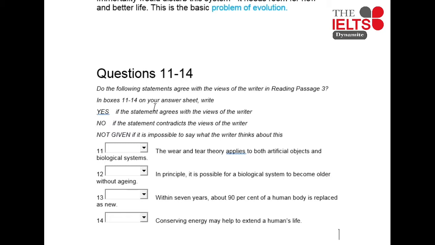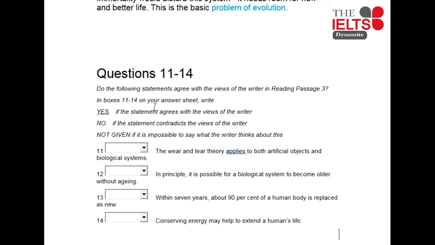Do they have the same opinion as the writer is saying, or they contradict, or they are the opposite to what is said or what the writer thinks, or it's actually not mentioned? So if it agrees, you write down yes. If it doesn't agree or it contradicts, you mention no. If this sentence or statement is not mentioned in the passage, you write not given.